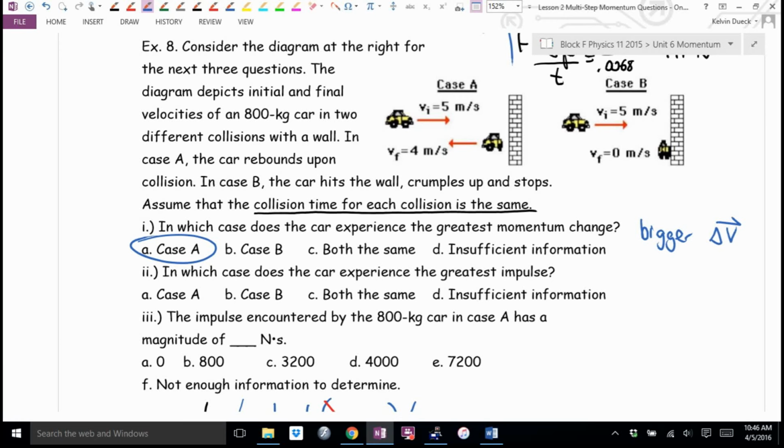Who says A? Who says B? C? D? Why is the answer the same as part 1? What am I really testing with that question? Why are these answers the same? I'm asking, do you remember that impulse and change in momentum are the same thing? If for some reason you had voted differently, I'd be saying, wait a minute, you forgot impulse is change in momentum.